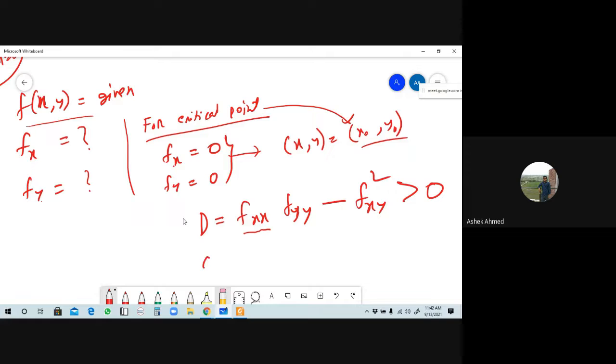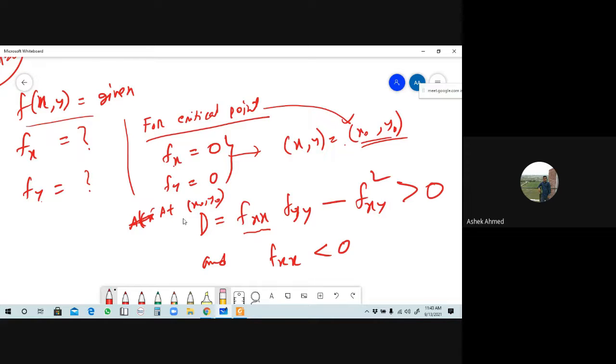If at the point x naught comma y naught the value of d is greater than 0 and the value of f suffix xx is less than 0, then we can say that this will be a maximum value.